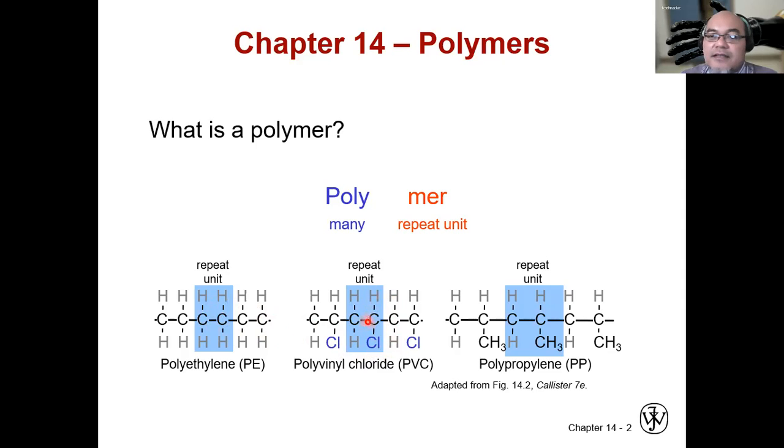And when this vinyl chloride binds to other vinyl chlorides on both ends, it will also create a long chain of polyvinyl chloride, PVC. And this is used for fabricating mostly piping, PVC pipe we call it, and other strong plastic.